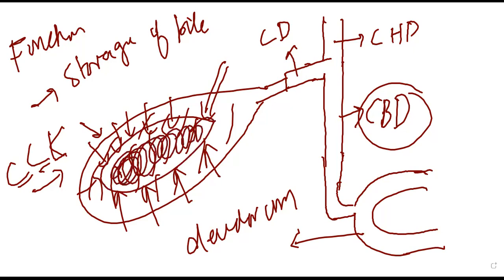The bile goes towards the neck of the gallbladder and then to the cystic duct. From the cystic duct, it goes down to the common bile duct, and from the common bile duct, it enters the duodenum. Here, the food is present, and whenever the bile comes to the duodenum and mixes with food, it helps in digestion of food.